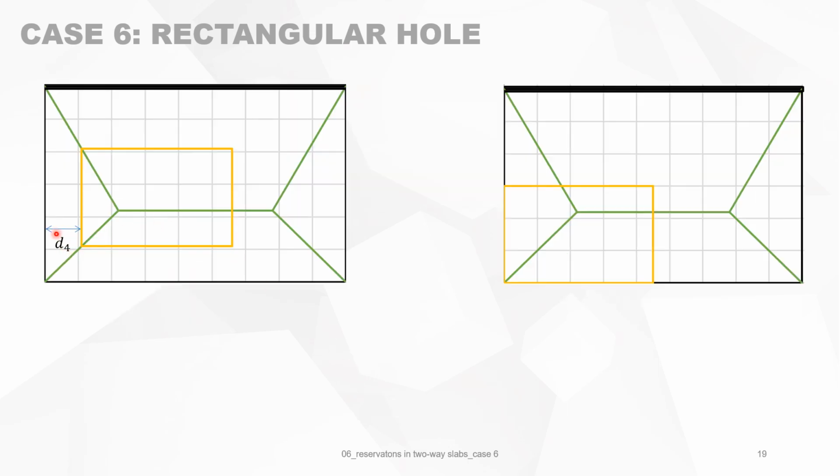So these are the two extremes. This is D4. D4 is 0 in this case, and D4 here. D1 was 3 meter, A was 6 meter, B was 9, D2 was 4.5, and D3 is A minus D1 minus D4. And this corner here, this distance is D3, sorry, and this is D4.